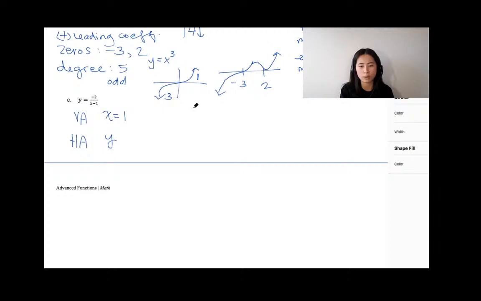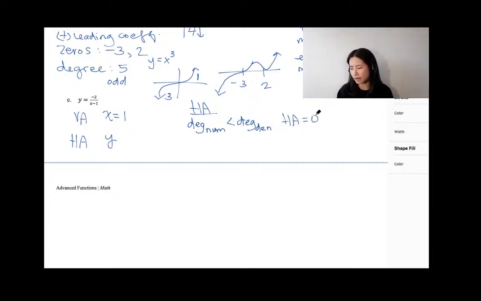Okay, so here are the following conditions for horizontal asymptotes. If the degree of your numerator, DEG meaning degree, is less than the degree of your denominator, DEN meaning denominator, that means your horizontal asymptote is 0. Does that make sense?